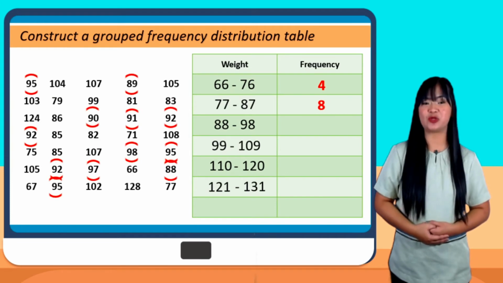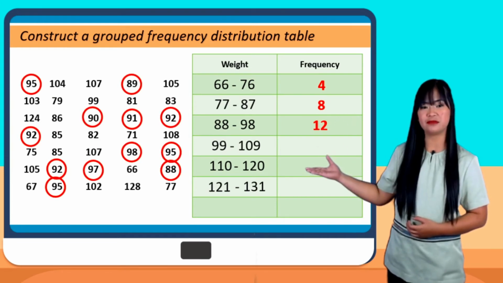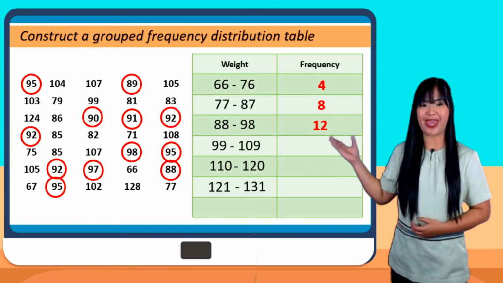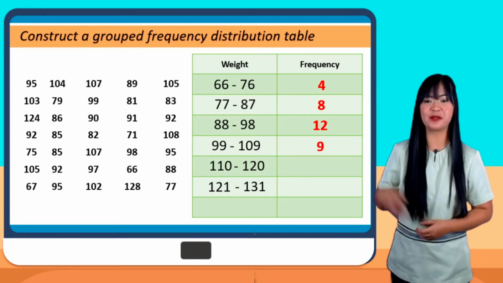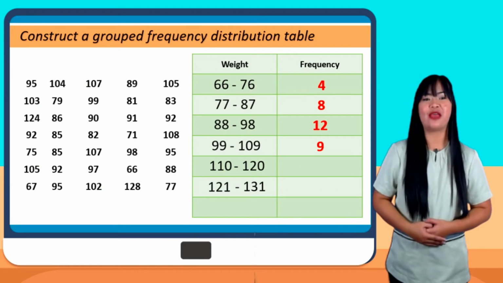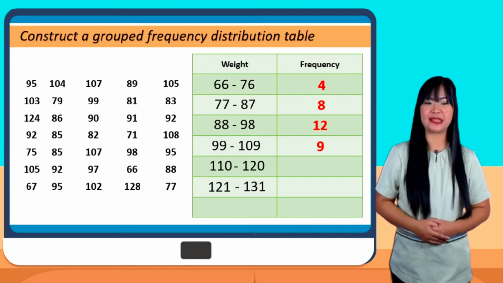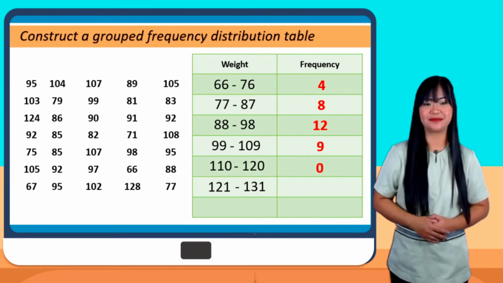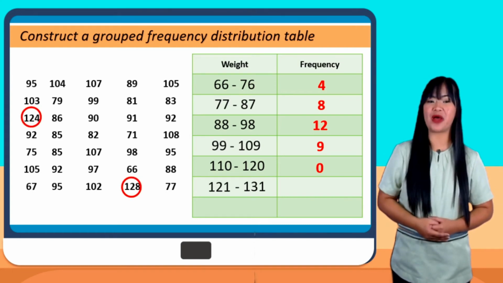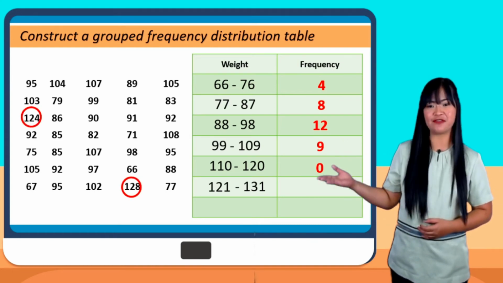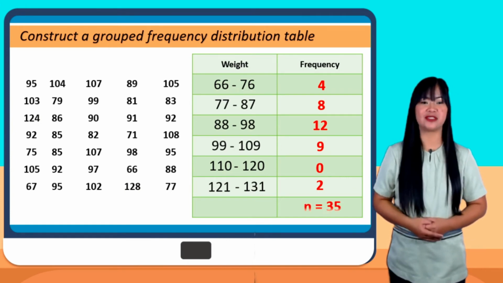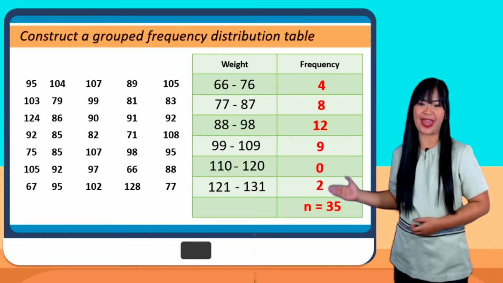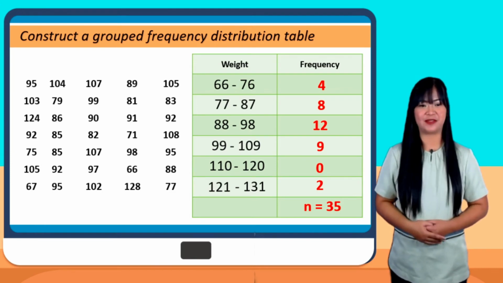For 88 to 98, we have 12. 99 to 109, we have 9. 110 to 120, 0. And for 121 to 131, we have 2. We have N equals the total frequency, so N equals 35.